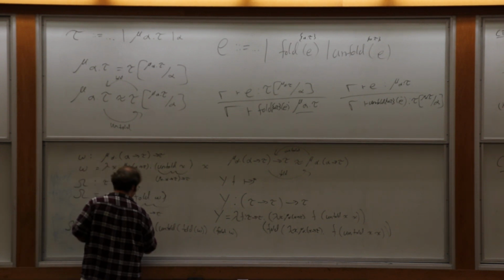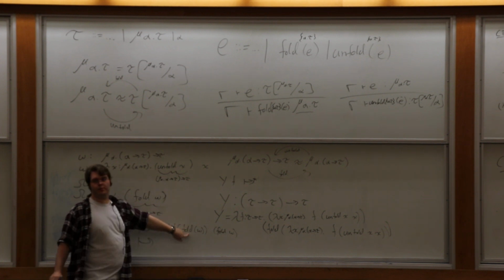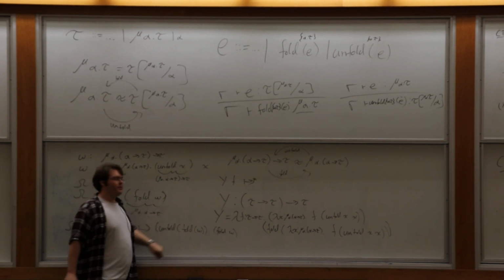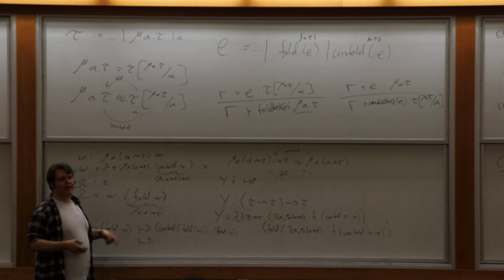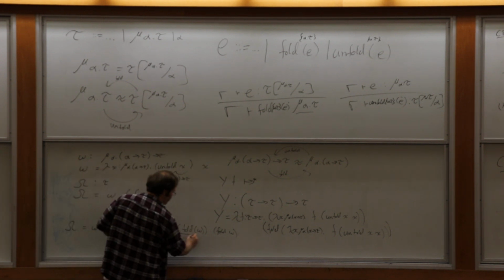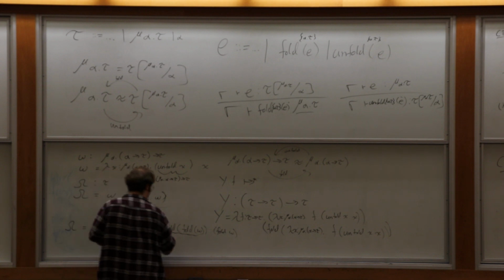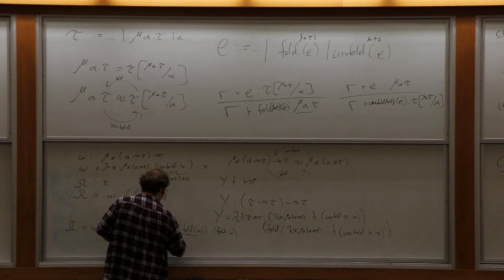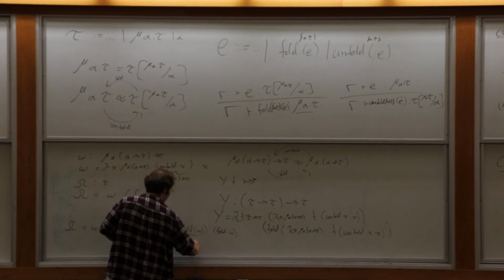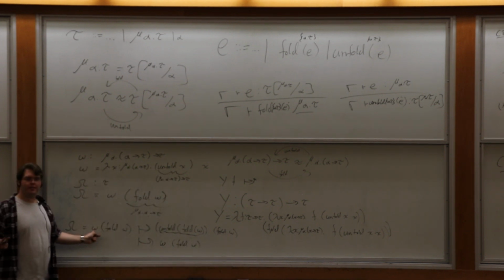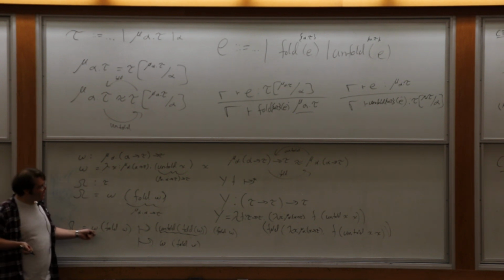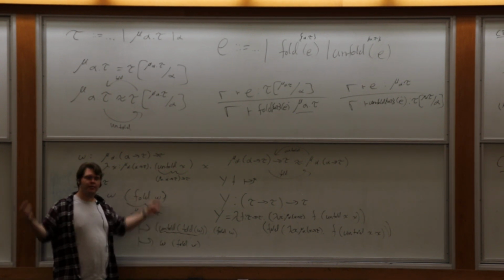And then this is where the unfold of fold rule happens. So you use all of the rules to find the root x. This is what actually reduces, and you get back omega applied to fold of omega. And that's where you started. So it takes two steps now, because you do a beta reduction of a function, and then you unfold the fold, and you're back where you started.